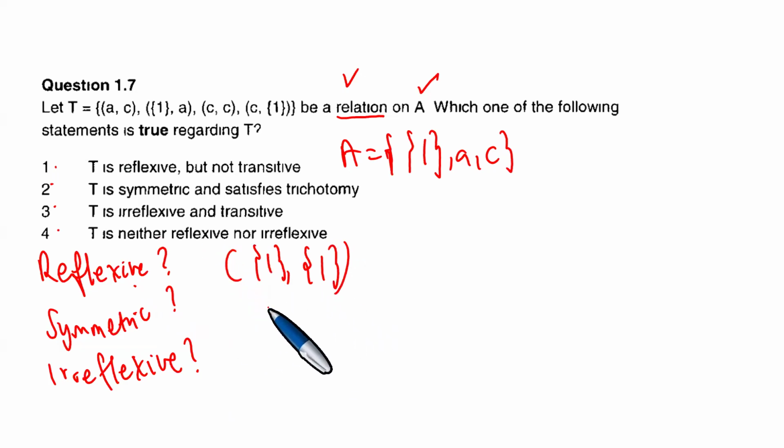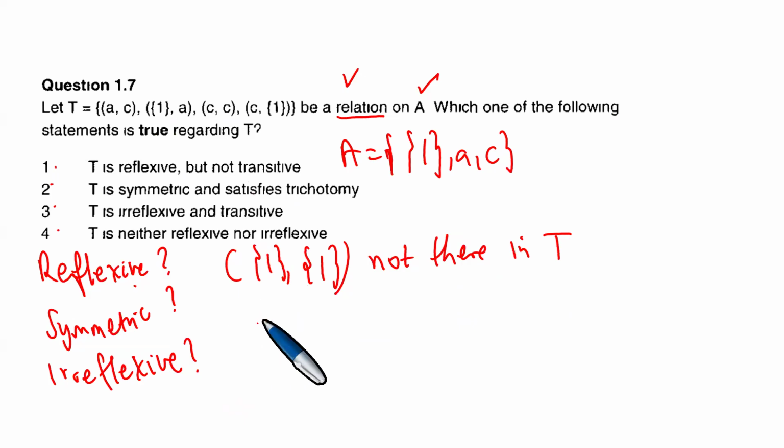This singleton would have to be related to itself, so if this is a relation on A, we would have to check if (1, 1) is there. Clearly, it is not there. This element is not in T, and this is our conclusion.